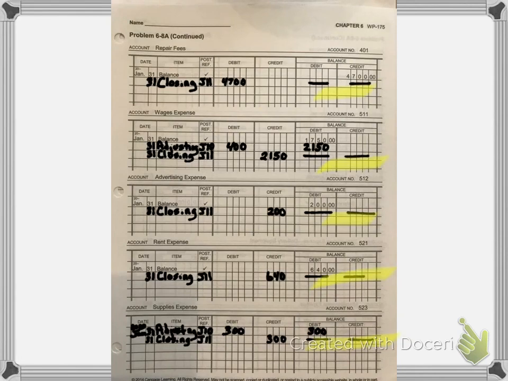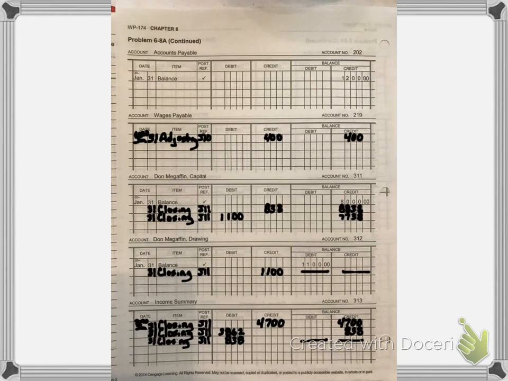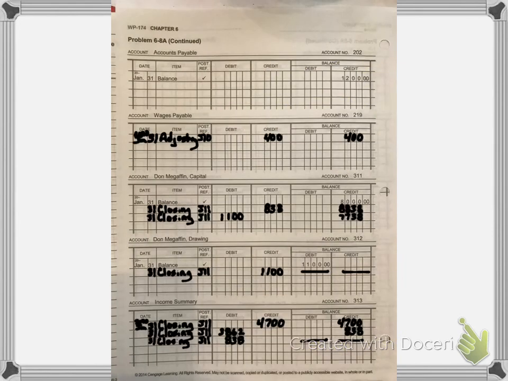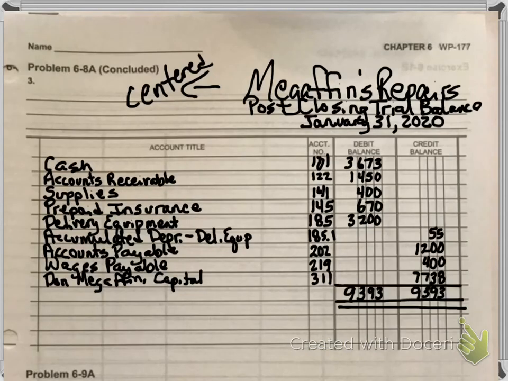All of them have been closed. And the revenue, you can see the revenue's been closed, and income summary and drawing have been closed. So our balance sheet accounts are the only ones that remain open on the post-closing trial balance.